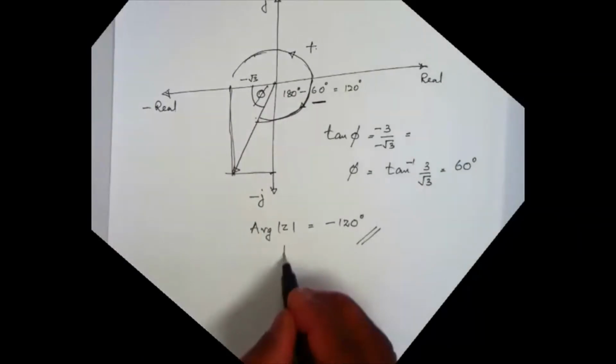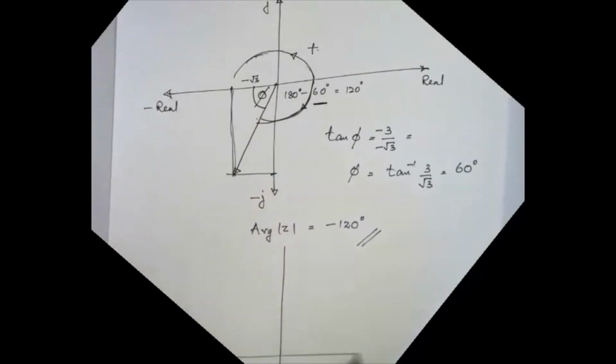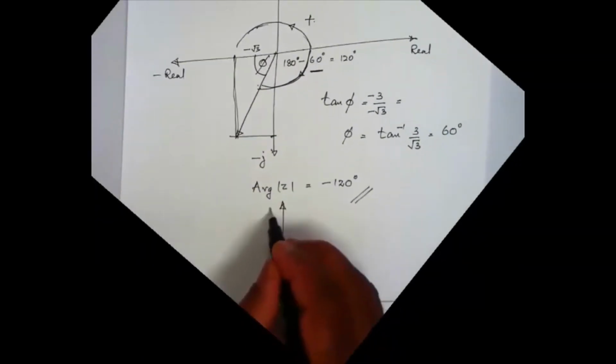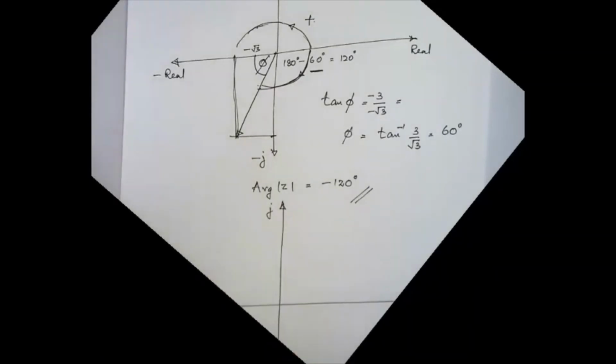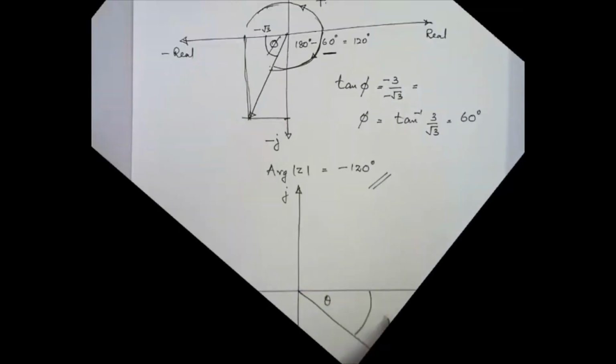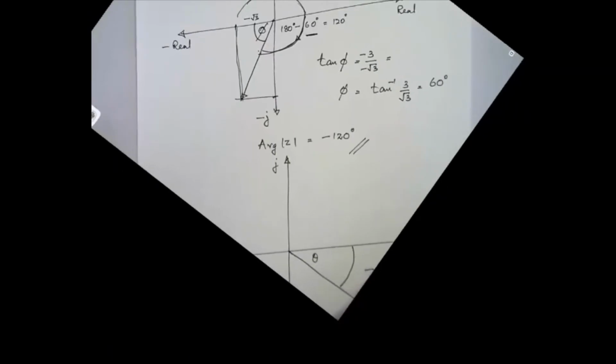So if we have an angle there, shall we say theta again, it's a negative angle, right? Say if it is 60 or 30 or 45 or whatever, that's a negative angle.